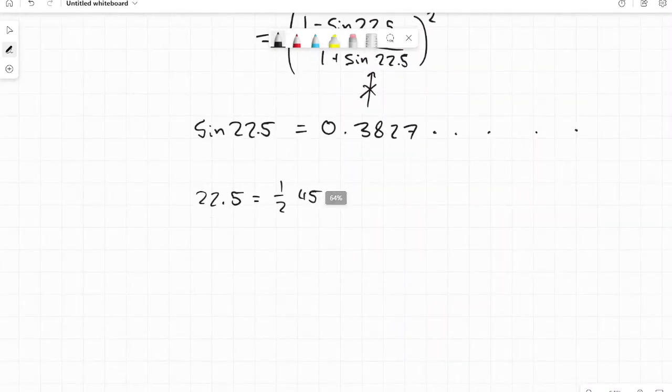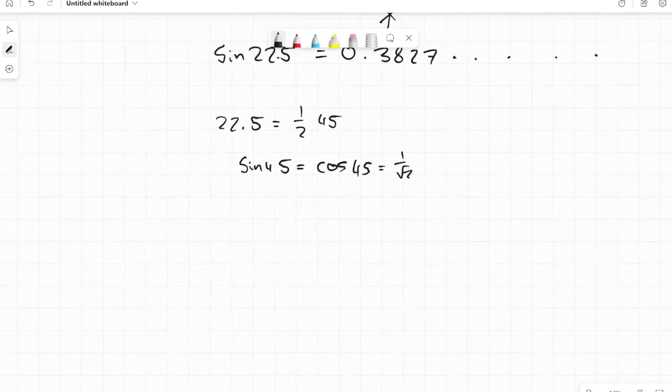And we also know sine 45 equals cos 45 equals 1 over square root 2. Ask your calculator if you don't believe me.